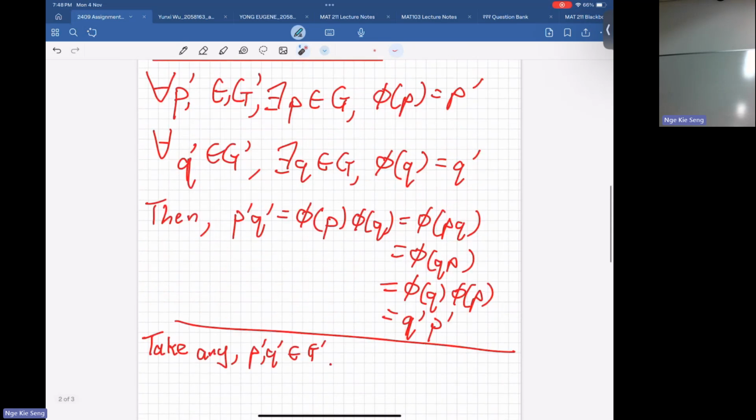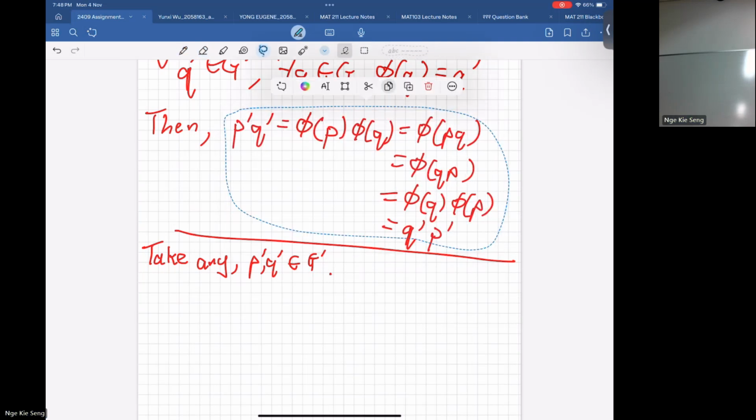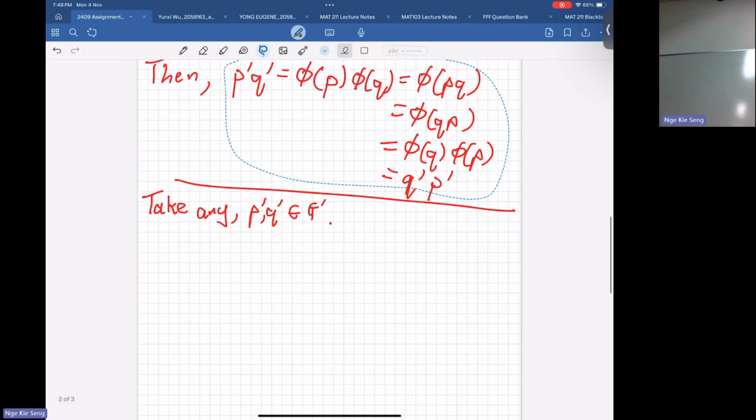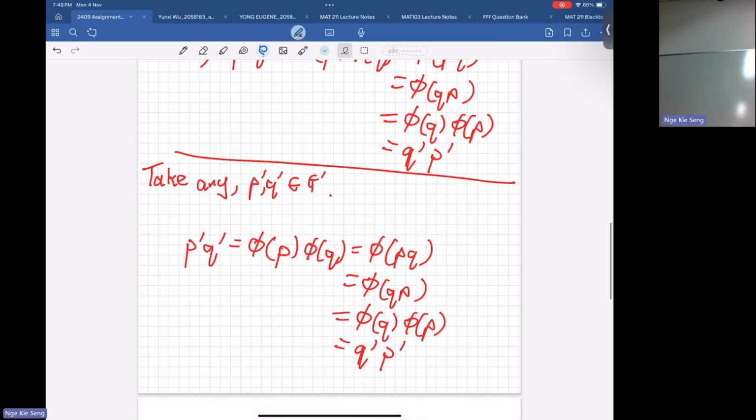And then I start computing there. 这是重点, this is very important. So if you do this calculation here, and you said there exist P, Q in G.